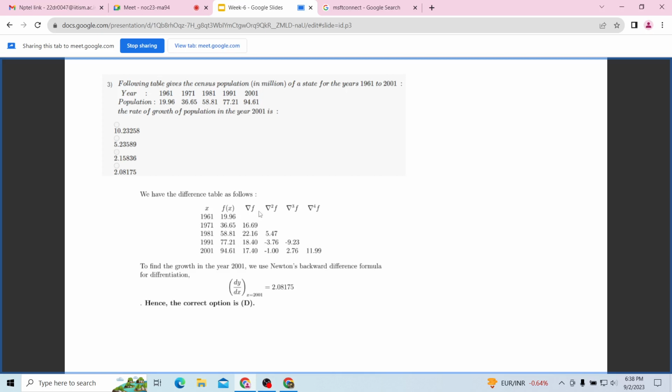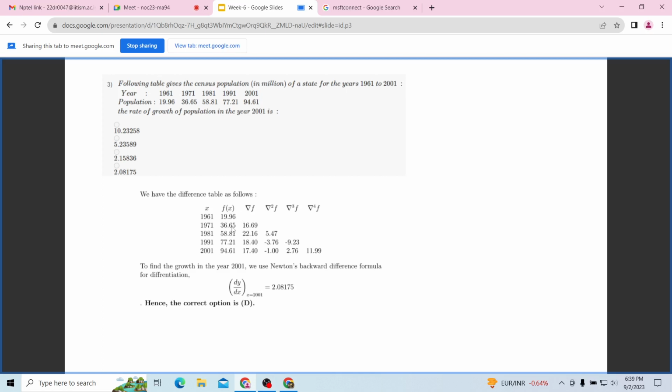So just check, are you getting 16.69 for the first backward difference, nabla f?